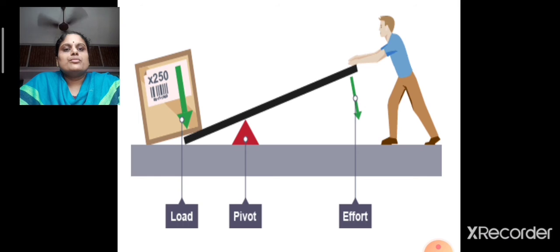Now, in order to lift this heavy load about the pivot, effort is made in the opposite direction by a person. So this is an example of a lever.